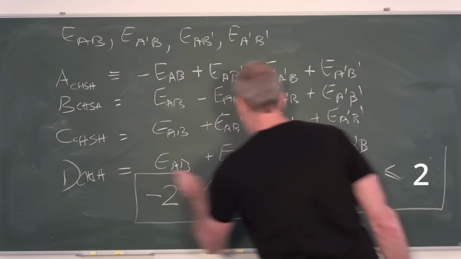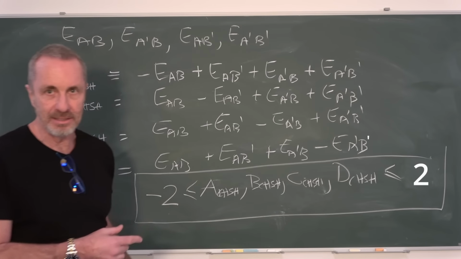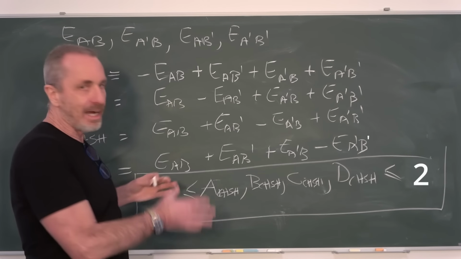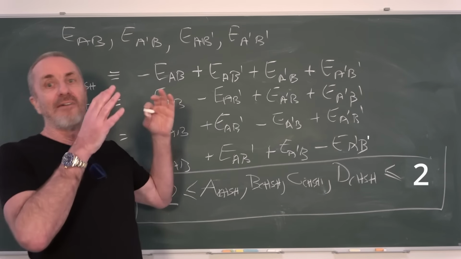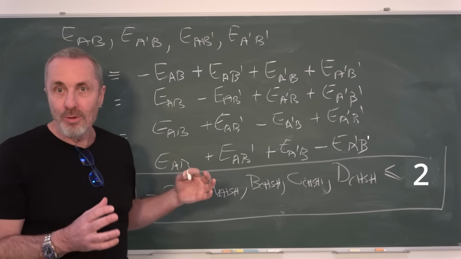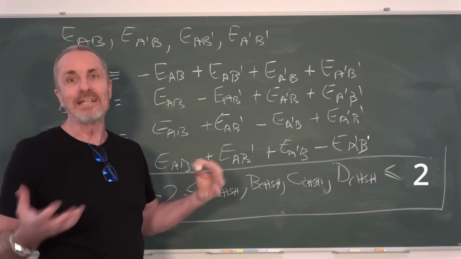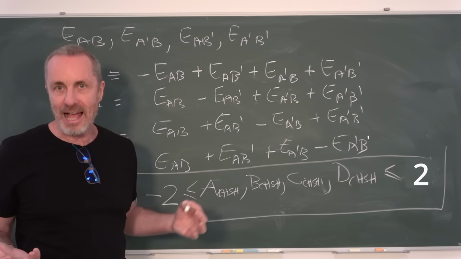So these are the inequalities to be obeyed. If these inequalities are violated, then we know that the system was prepared in a state, in a condition of entanglement.